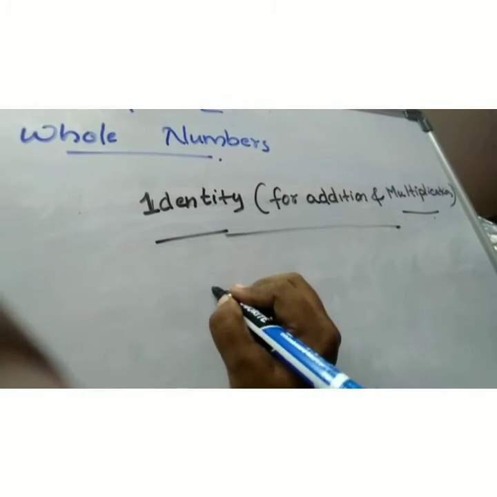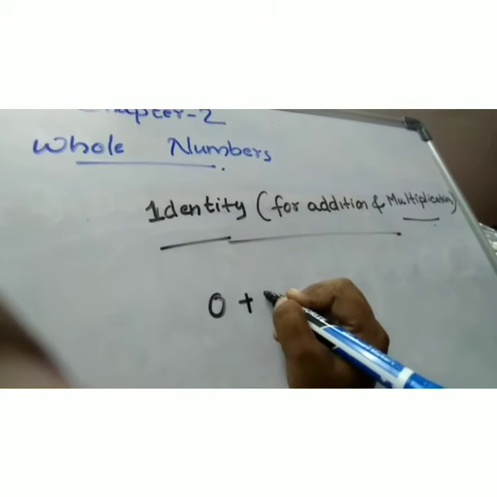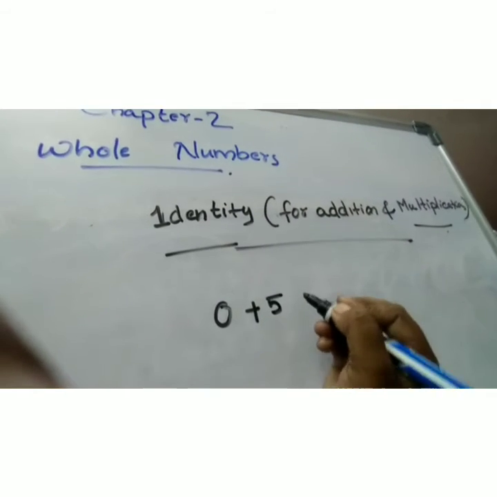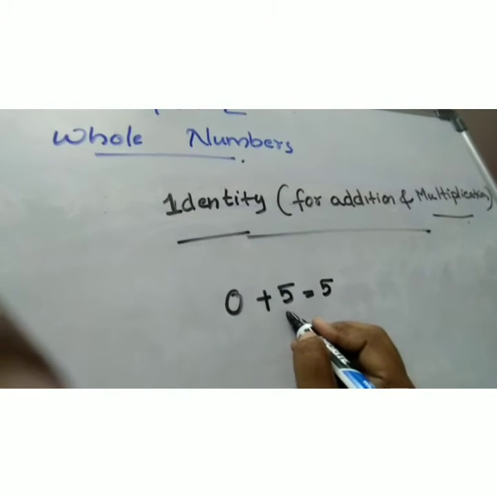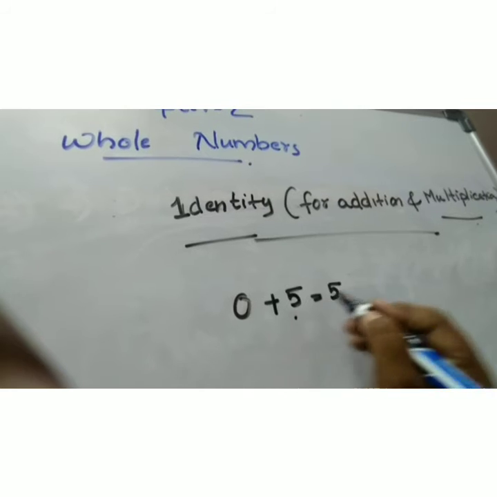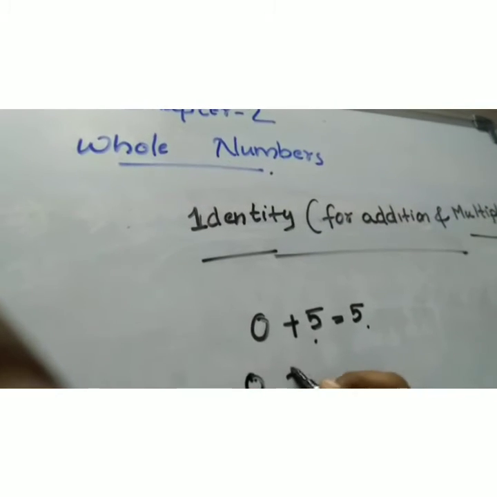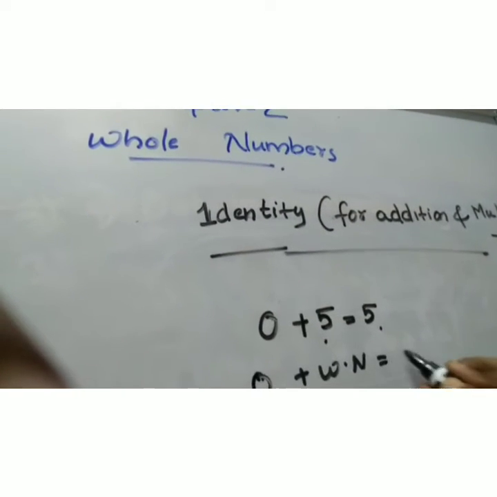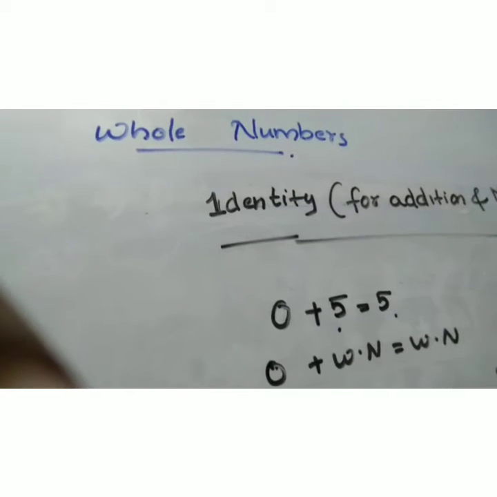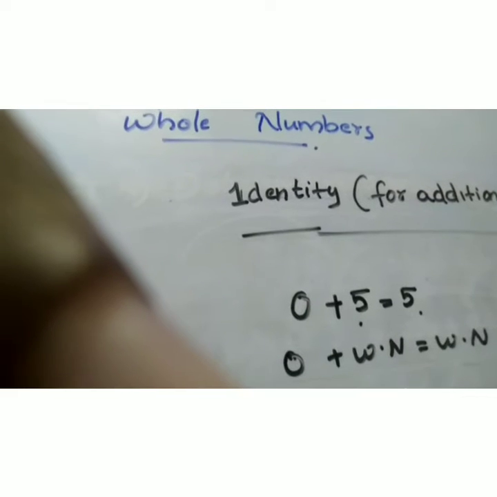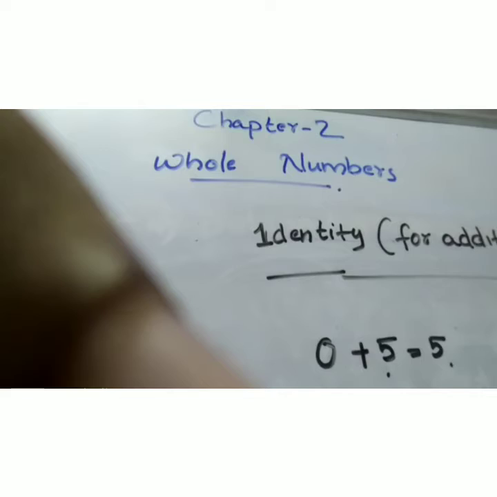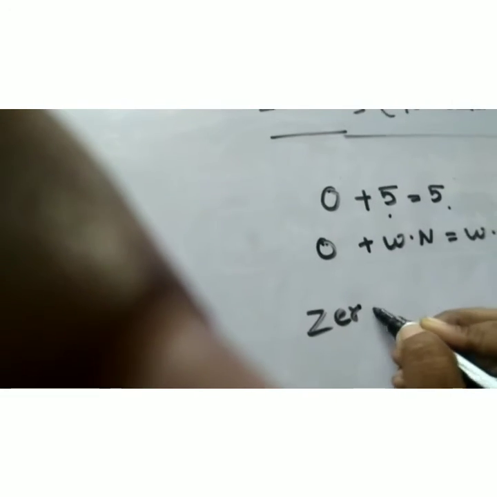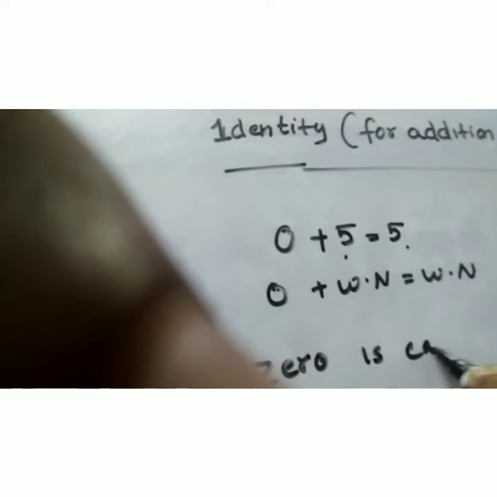Write 5: 0 plus 5 is equal to 5. 0 plus whole number is equal to whole number. Okay. That means 0 is called an identity of addition of whole numbers.